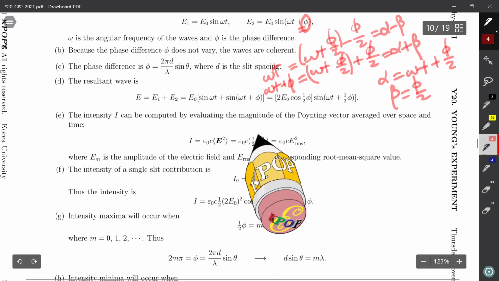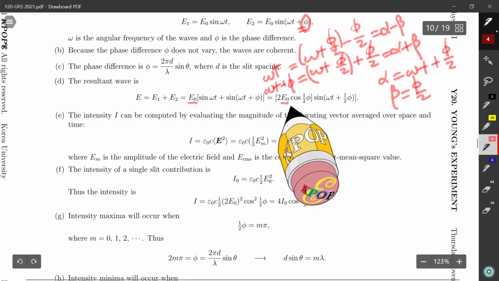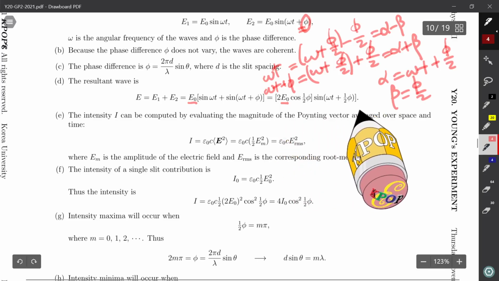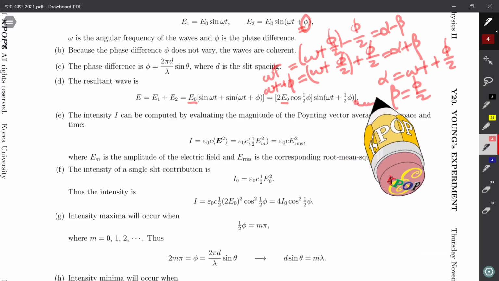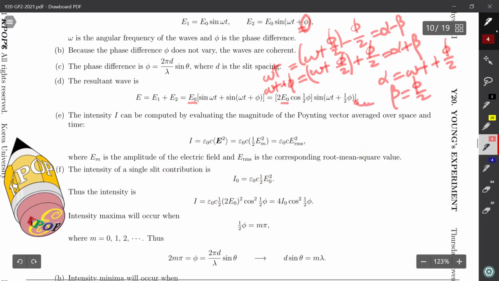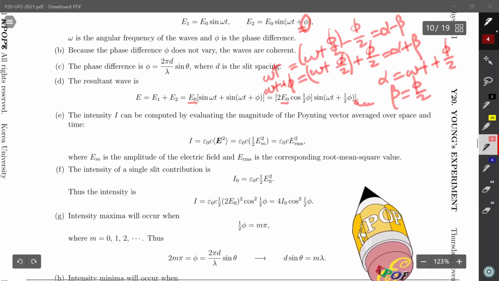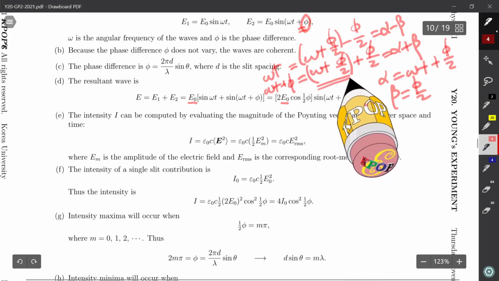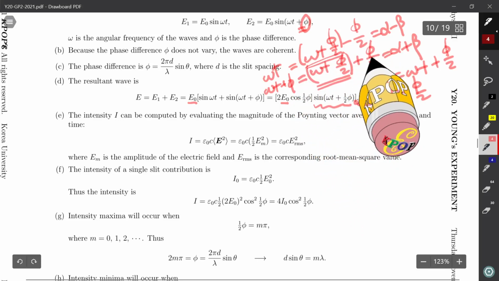The result is 2 times E0, which is factored out already, and 2 times cosine of half of phi multiplied by sine omega t plus 1/2 phi. The square should be neglected. The resultant wave has a common phase, a sine, and this one a different phase.